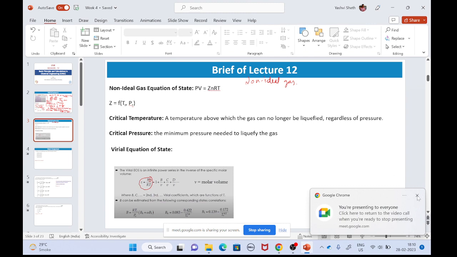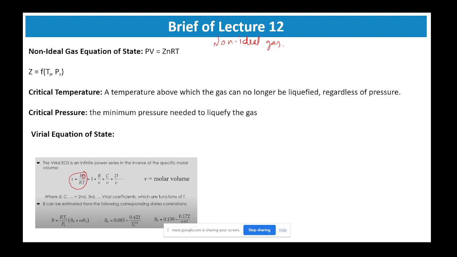So there will be some amount of collision or interaction, or there can be some van der Waals force of attraction also between two molecules of gas. However, we do not consider any force of attraction or any interaction for ideal gas. So there is no such gas which does not have any interaction between two molecules.